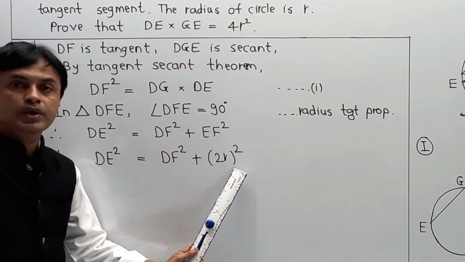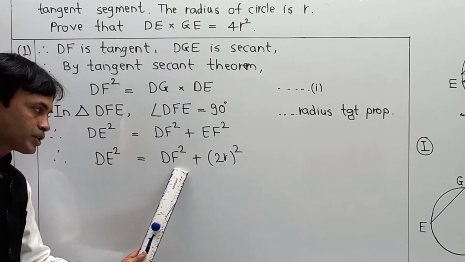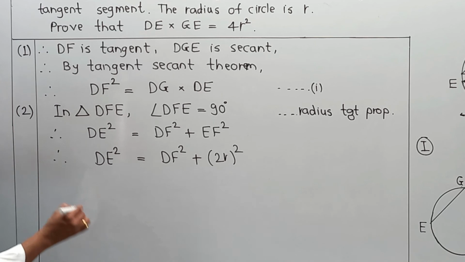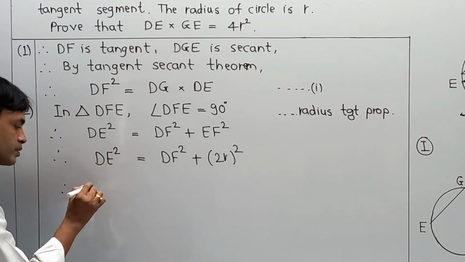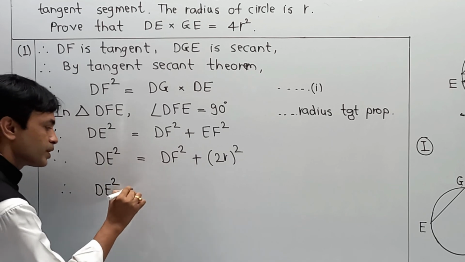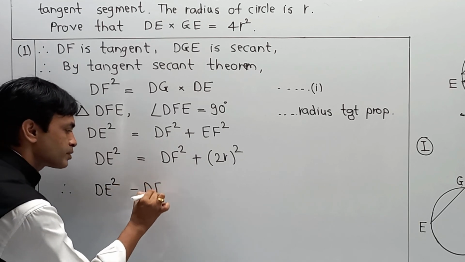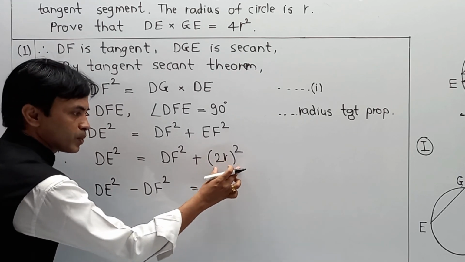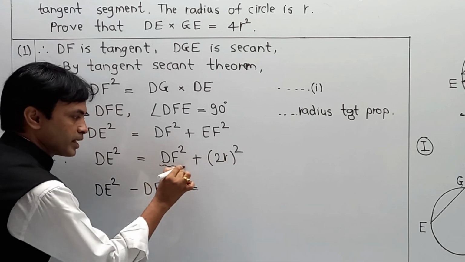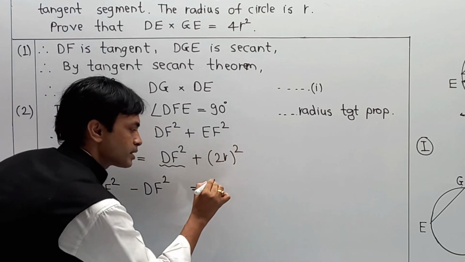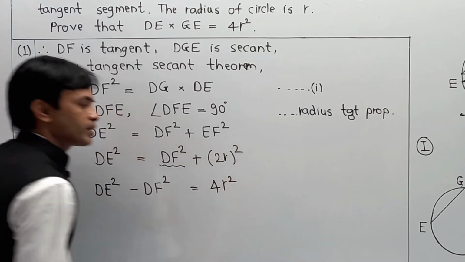I am shifting this DF square to this side. So your part becomes DE square minus DF square is equal to, here only (2r) square remains because we have shifted DF square to this side, that is nothing but 4r square.